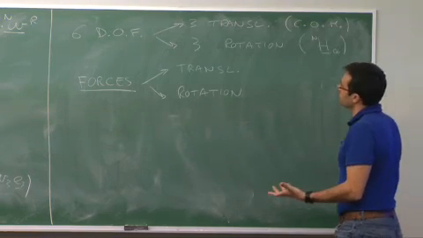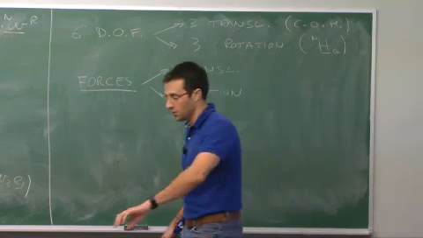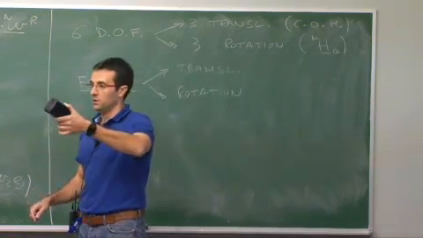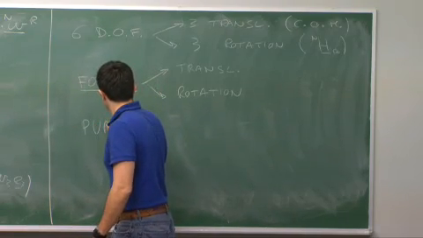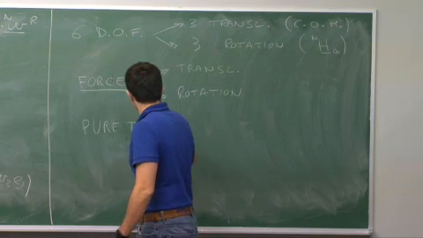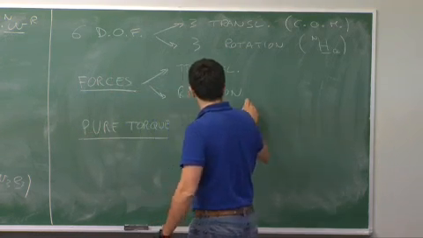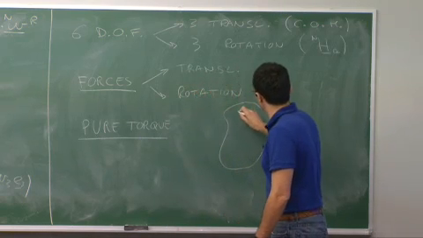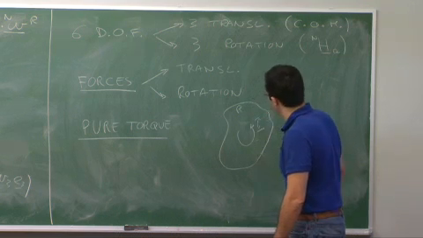But what if you want to think about cases where the rigid body is only rotating, which is possible? So we introduce the concept of pure torque, which is something we represent on the rigid body like this. We call it tau.